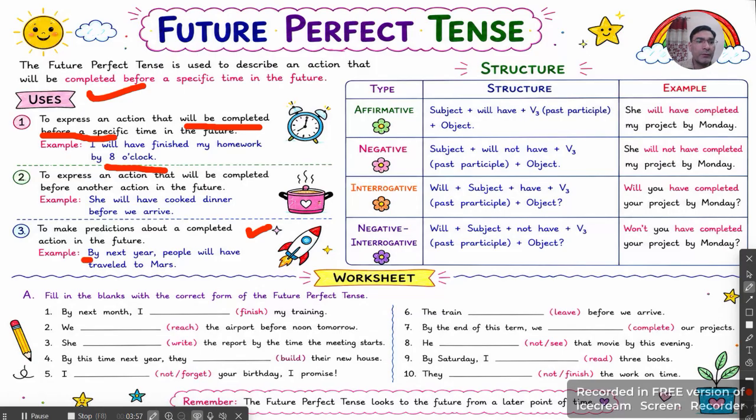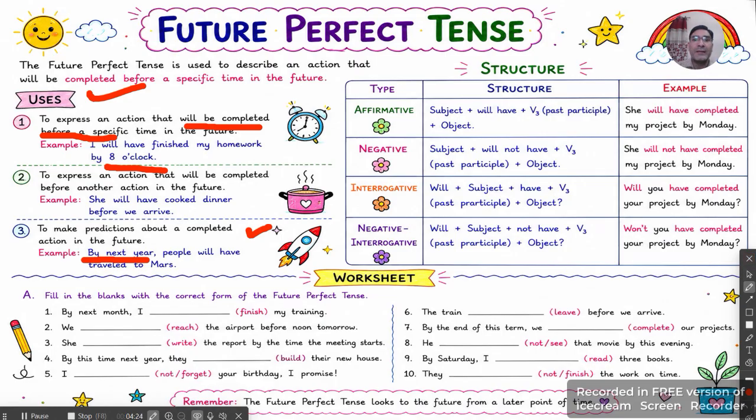So here the words by the next year tell us that it will be completed in future. This is a prediction by this particular time. So by the next year, people will have traveled to Mars. So in this way, these are the three uses of future perfect tense.